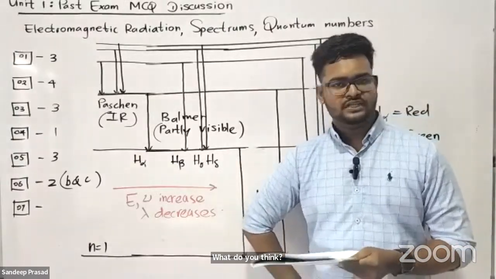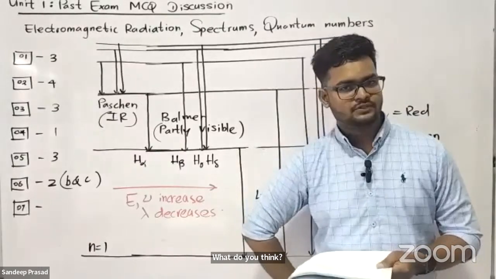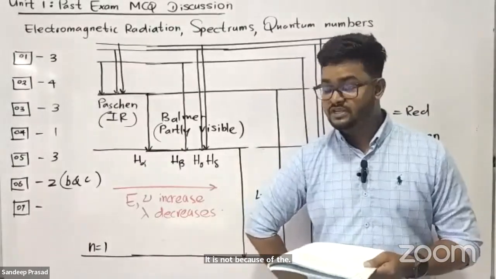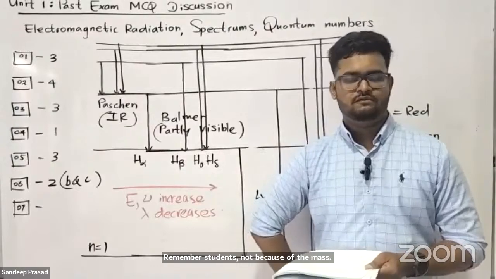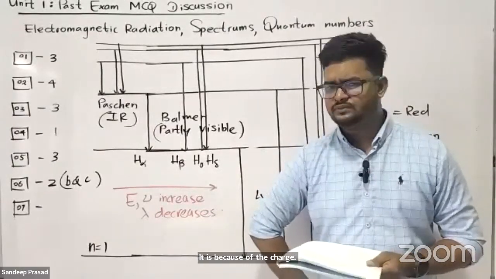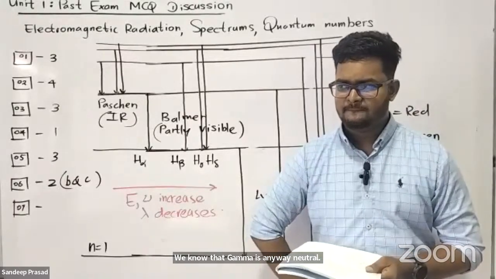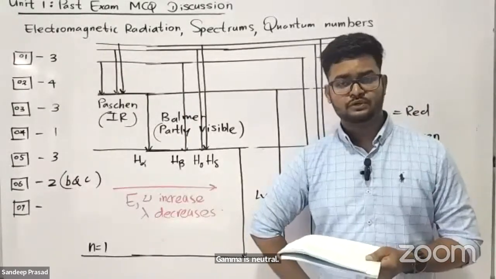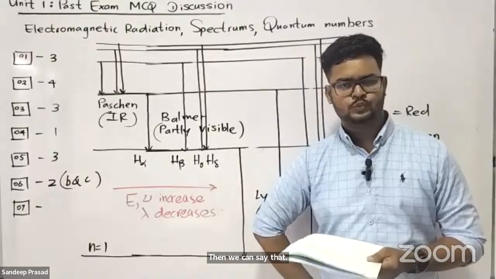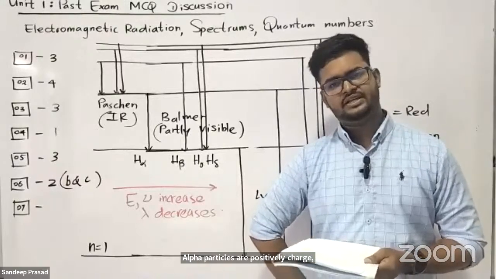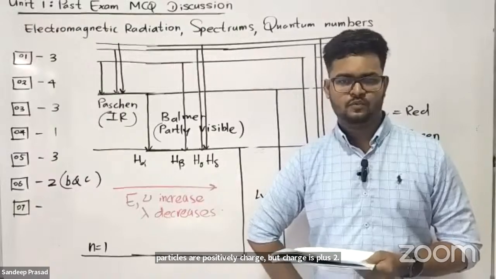Remember students, it's not because of the mass. It is because of the charge. We know that gamma is anyway neutral. Then we can say that alpha particles are positively charged, with charge +2. Beta particles are negatively charged, with charge -1.